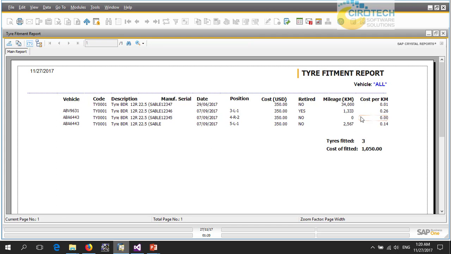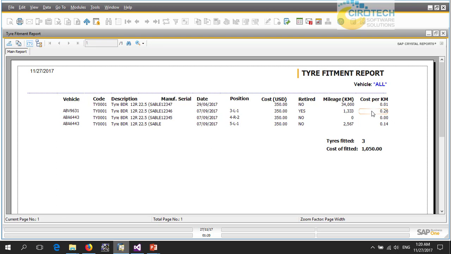Each of these tire brands shown in this report has a cost per kilometer based on the total distance that they have traveled. And we can see from here that the best or the worst tire is the second one, and perhaps it's for different reasons.